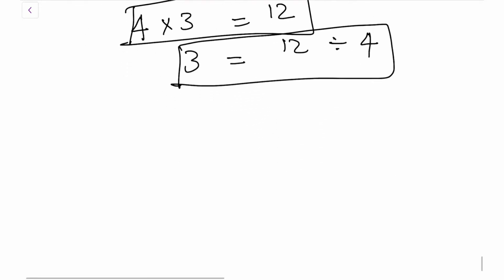So they said the product of two numbers is 12 2/3, that means 12 2/3 is equal to the product of two numbers, and they have given one of the numbers as 4 1/6.